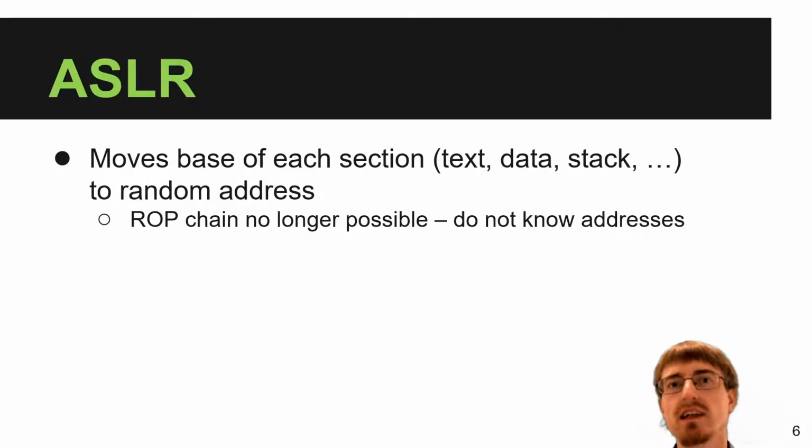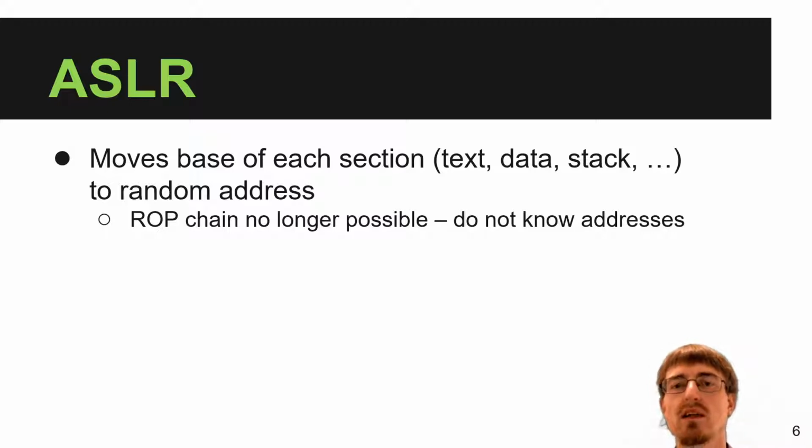In the earlier lecture on application security, I already discussed ASLR, but let me give you a very brief recap to show the parts that are important for this lecture. So ASLR moved the base of each section in the binary image to a random address, which means the text section containing the code starts at a random address, the stack starts at a random address, and so on.